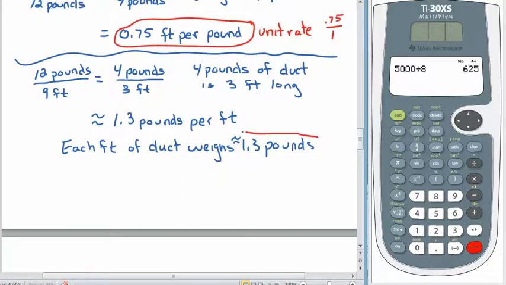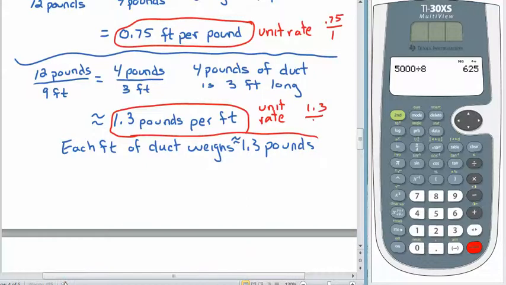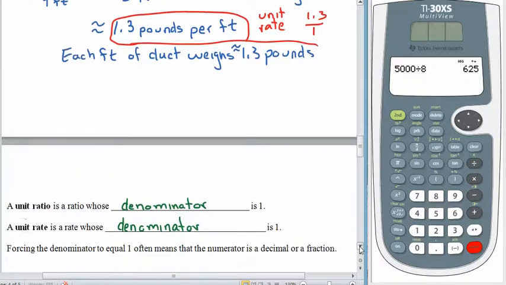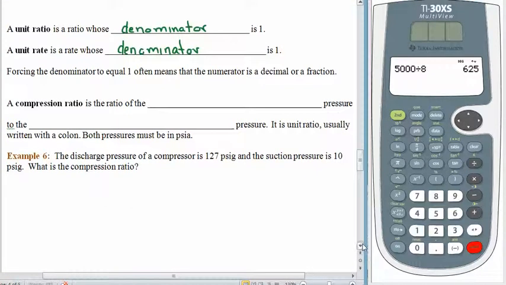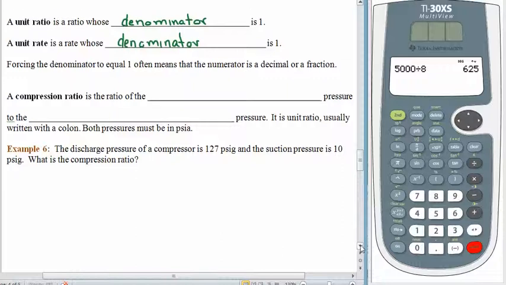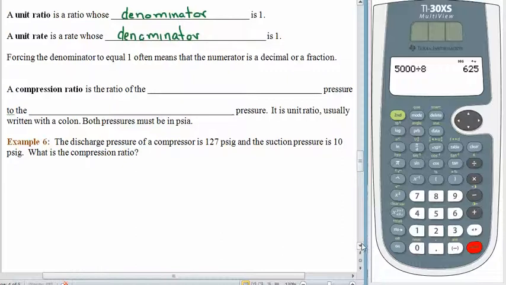This one is also a unit rate. 1.3 pounds for every 1 foot. Okay, and as we saw, if you force the denominator to equal 1 and actually do the division, you of course end up with decimals and fractions.